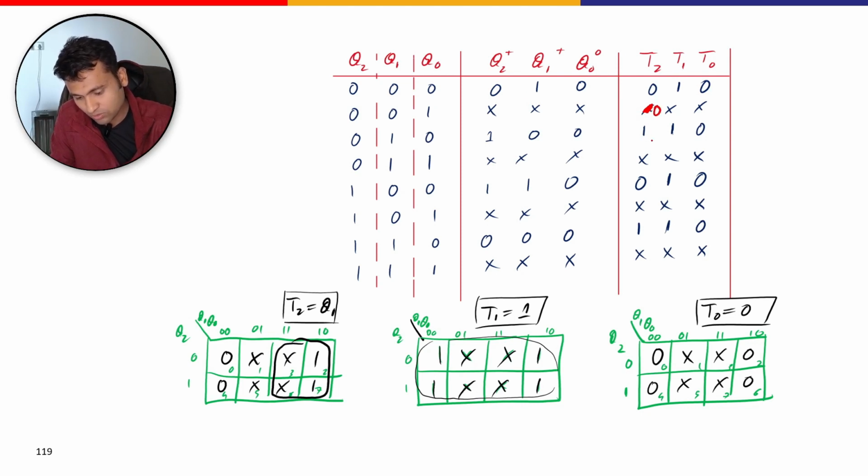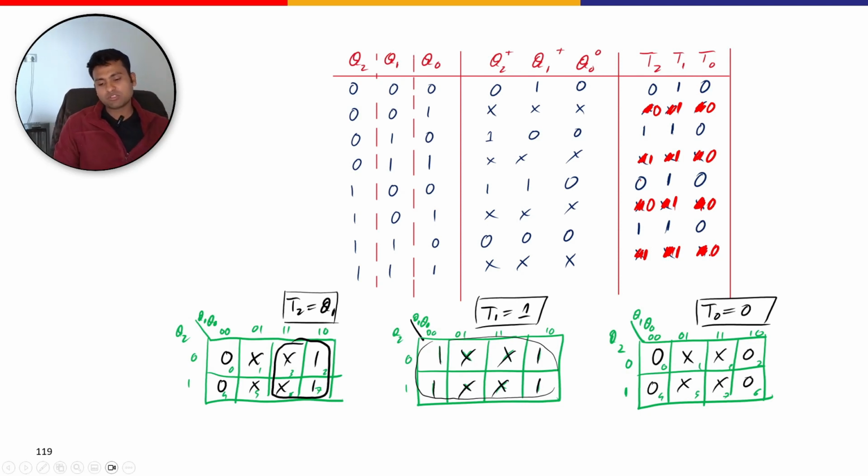So here it will be 0, here it will be 1, here it will be 0, and here it will be 1. Correct? So for T1, it's always going to be 1, 1, 1, and 1. And for T0, it's going to be 0, 0, 0, 0.